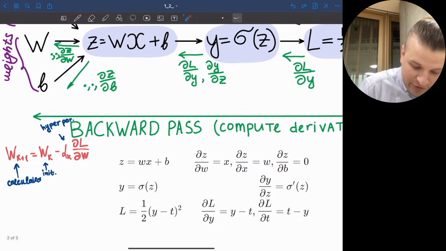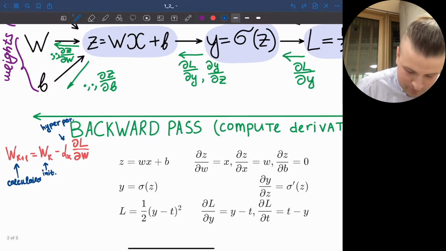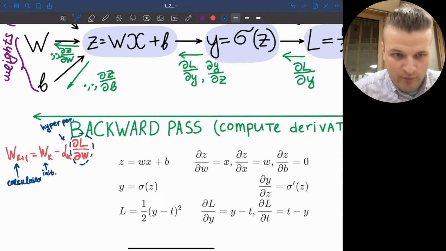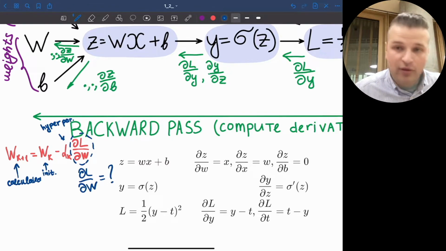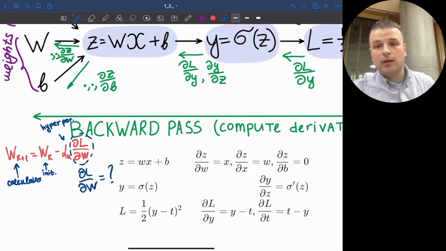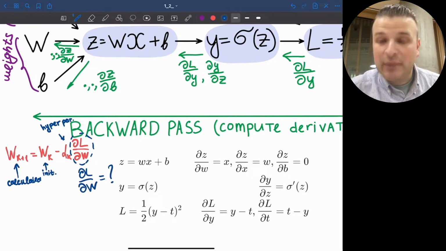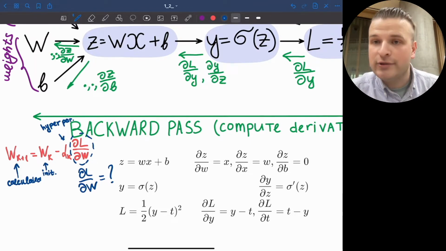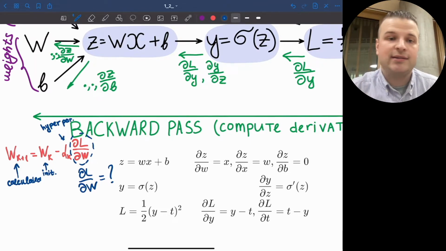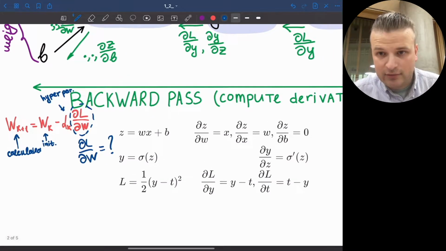And that's our goal of the whole idea of backpropagation. We are to find this derivative. If W is a matrix, this derivative is a matrix. If W is a tensor, this derivative is a tensor of the same shape. The same for vector, for sure.